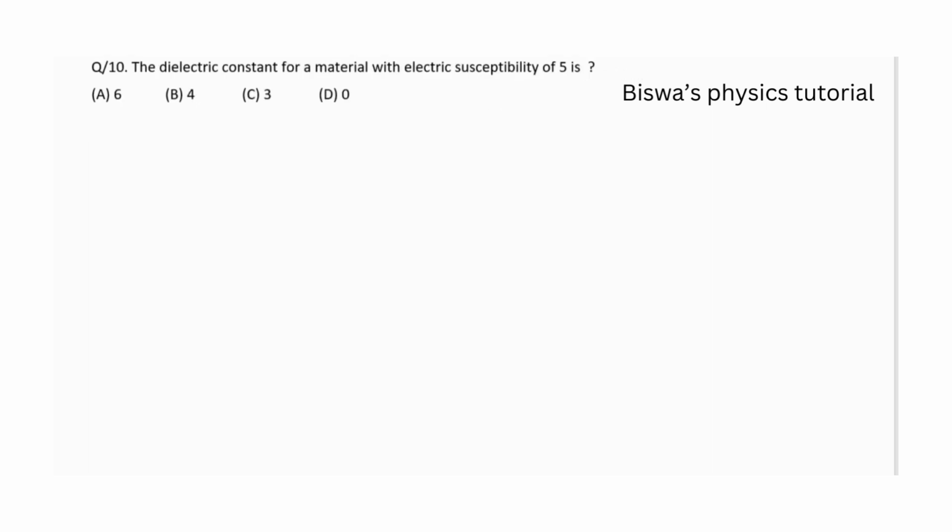Electric susceptibility, which we denote as chi e, is equal to 5. We know the dielectric constant, whose other name is relative permittivity, epsilon r, has the formula 1 plus chi e. So 1 plus 5 is equal to 6. So option A is your answer.